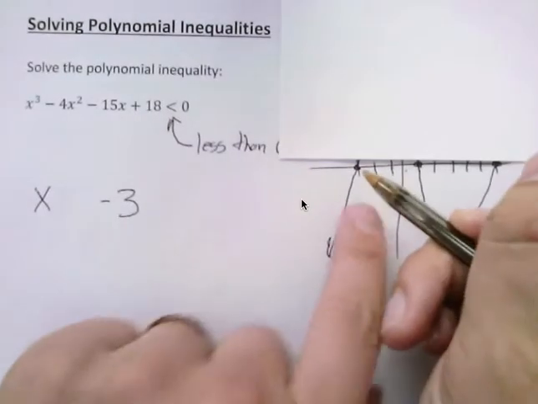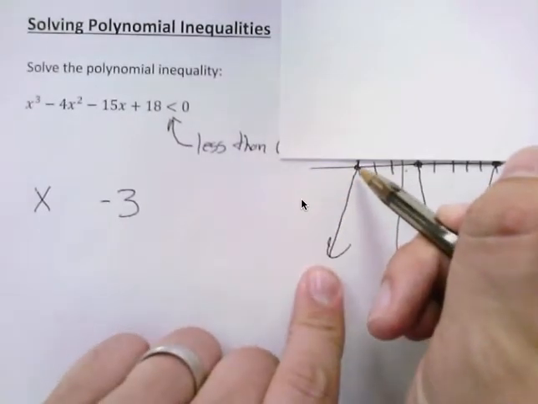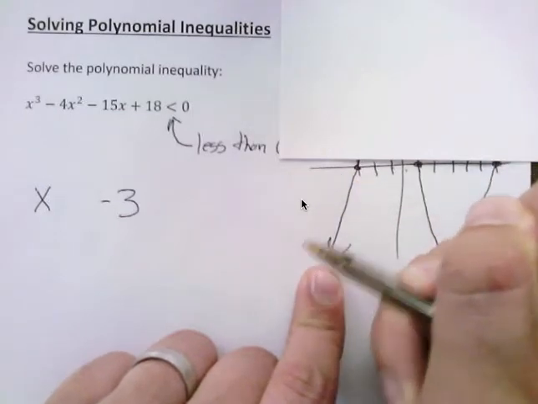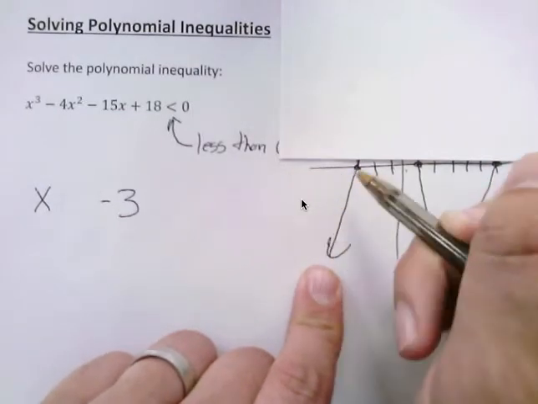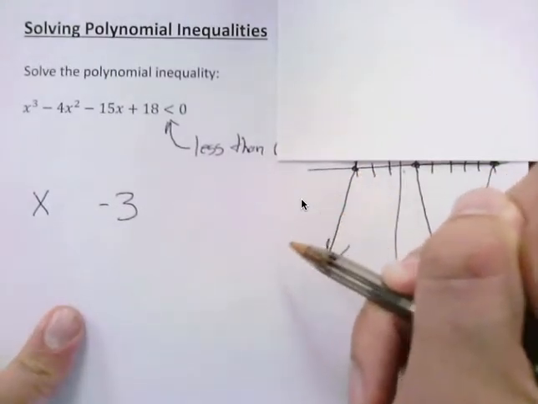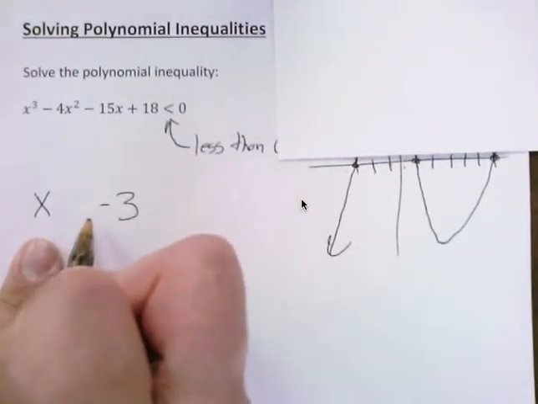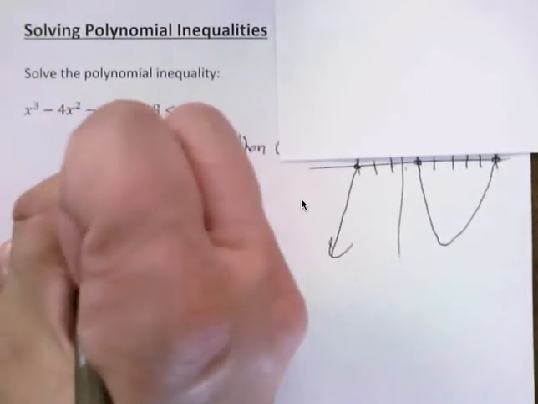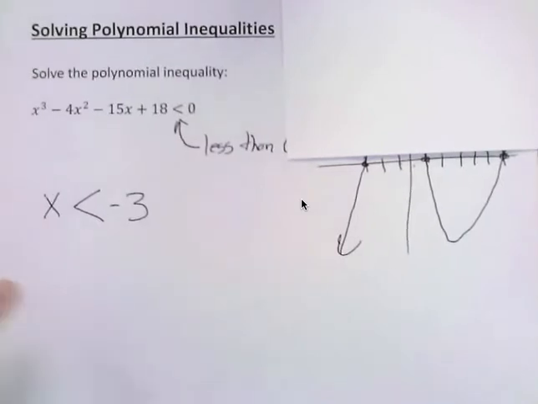If you notice, this part of the graph starts at -3 and then tails off to the left towards negative infinity, the numbers smaller than -3. So I just needed an inequality that says I need the x's smaller than -3, so you'd use a less than symbol. That's using inequality logic.